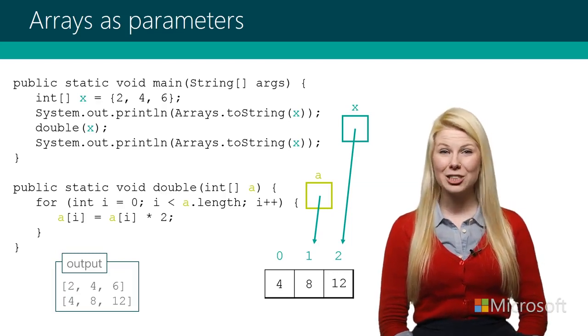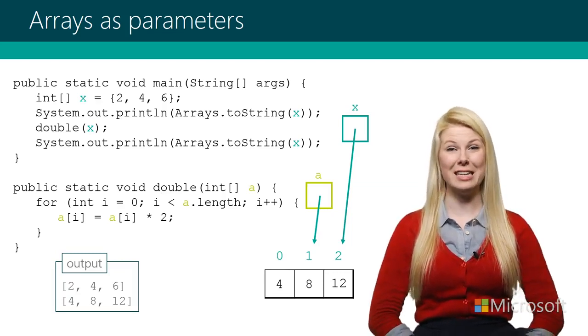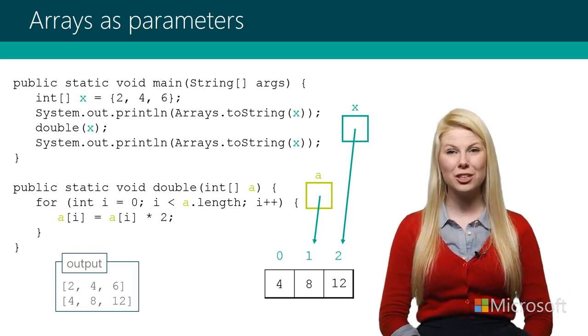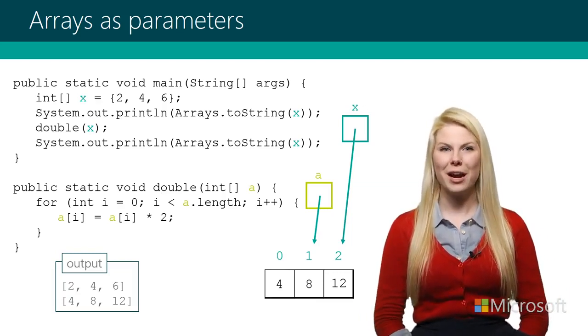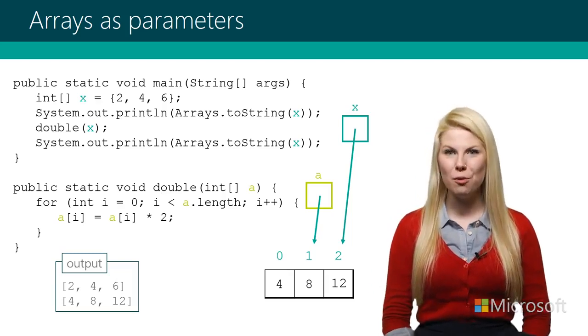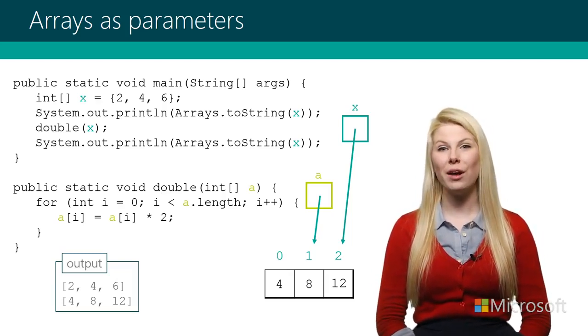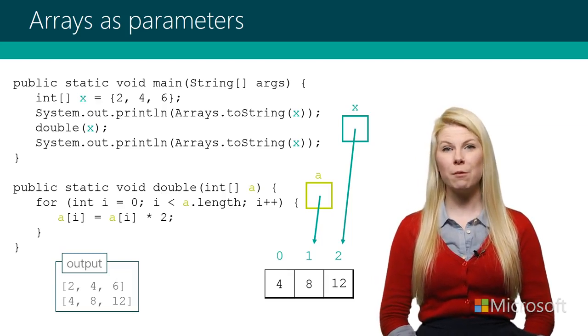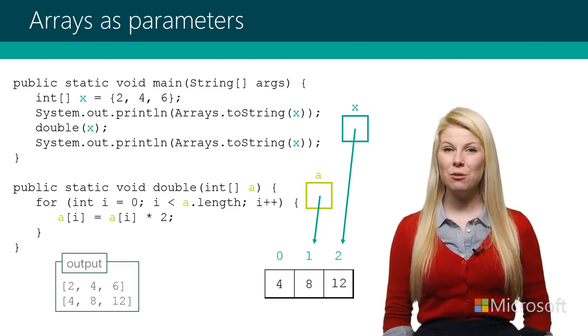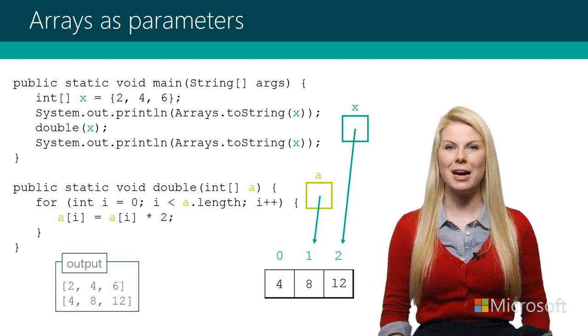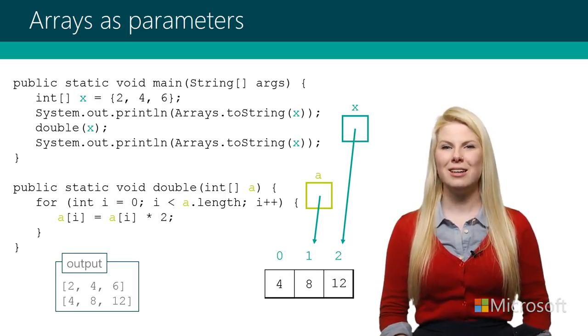So if you're actually trying to make a copy that has nothing to do with the original version, you could use a method, copyOf, or you could actually just construct a new array. Anytime you call that keyword new, you're telling the computer, hey, set aside more space in memory. Without the new keyword, then you're just passing around references.